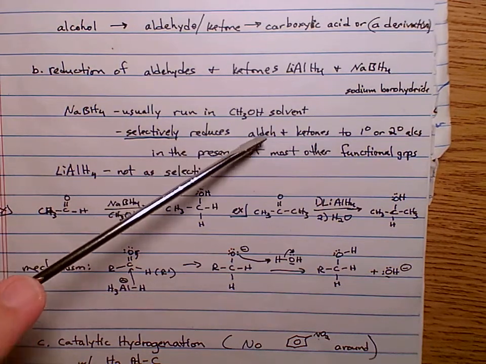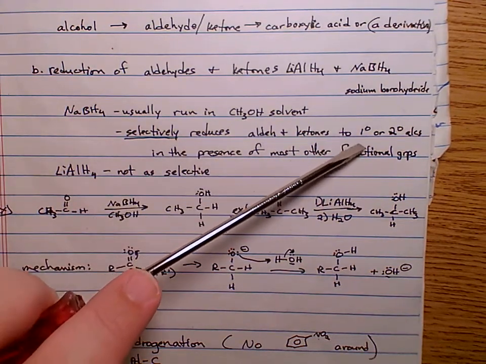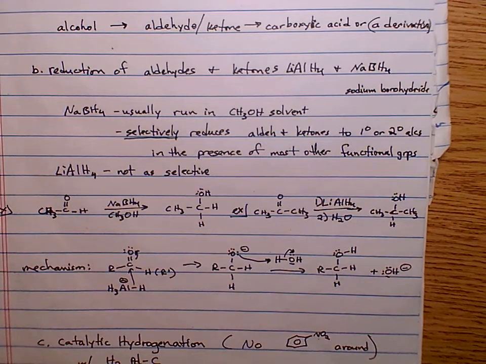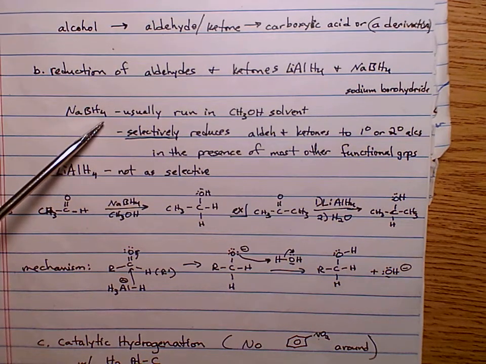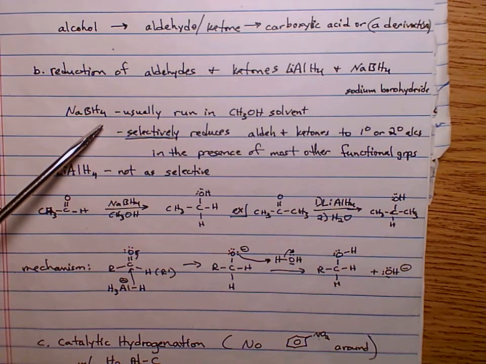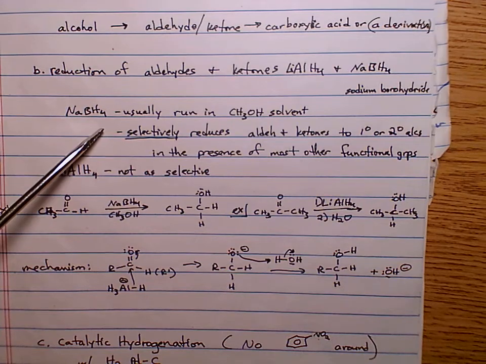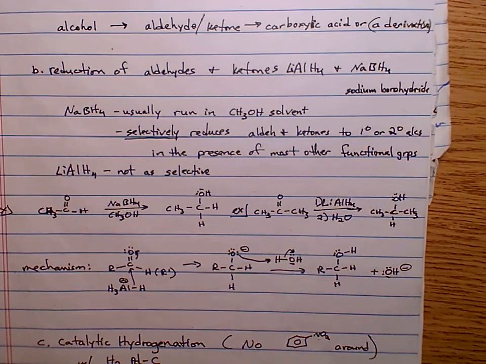It selectively reduces aldehydes and ketones to primary or secondary alcohols in the presence of most other functional groups. So sodium borohydride is a reducing agent that really wants to reduce aldehydes and ketones. If there's something else in there, a carboxylic acid, say, or a double bond, it will not reduce those if there's an aldehyde or ketone present.